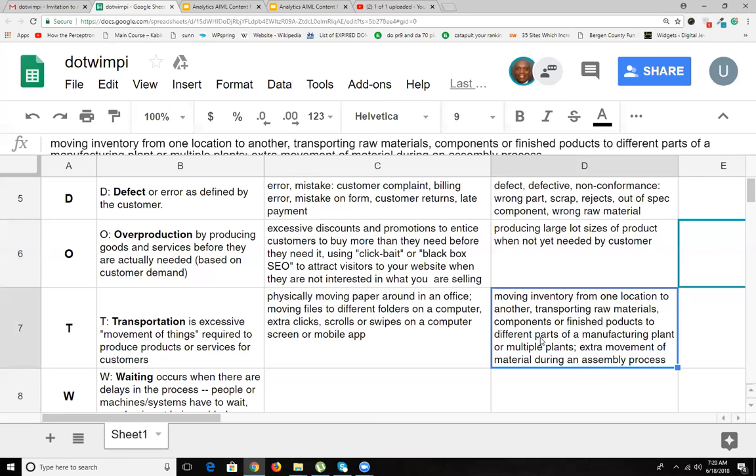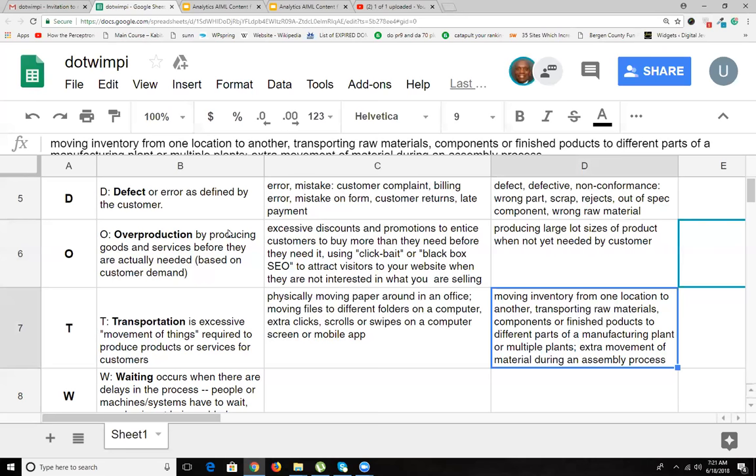So what we're looking to do, when we map out our process, is identify all these places where DOTWIMPI is occurring. And again, we're going to just focus on the DOT for today. We're going to focus on our next session on the WIMPI. But with the DOT pieces, we look for any errors, defects, mistakes, any overproduction, any transportation that's taking place excessively in our processes.